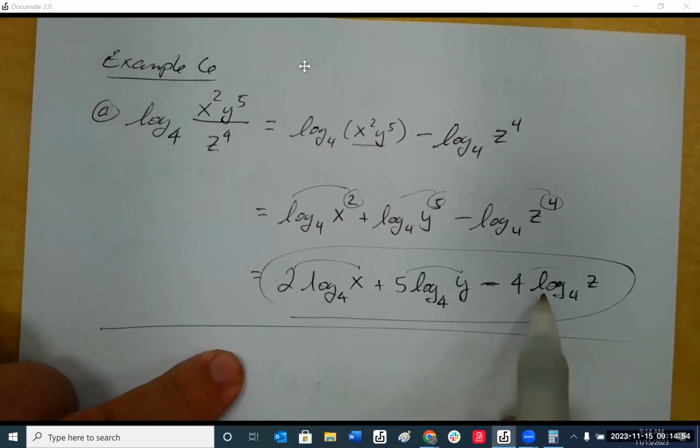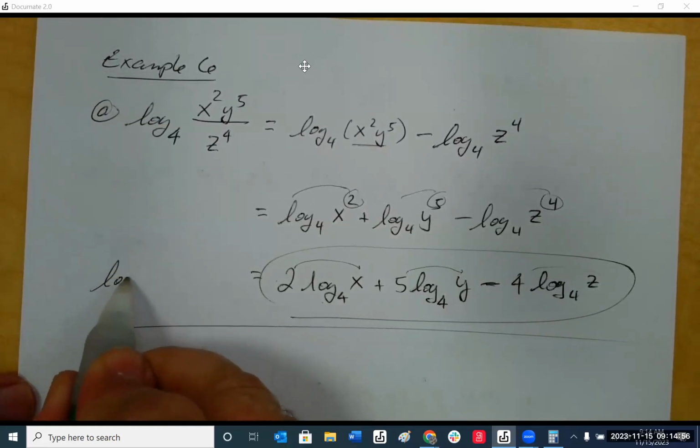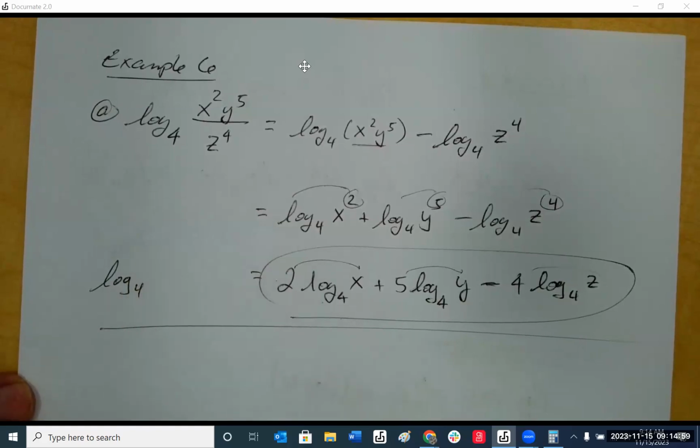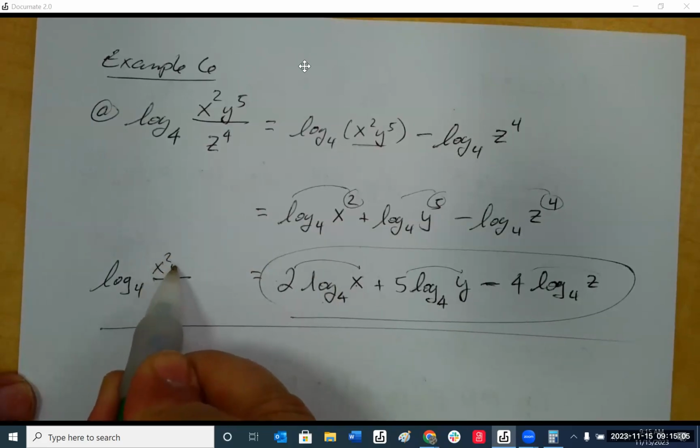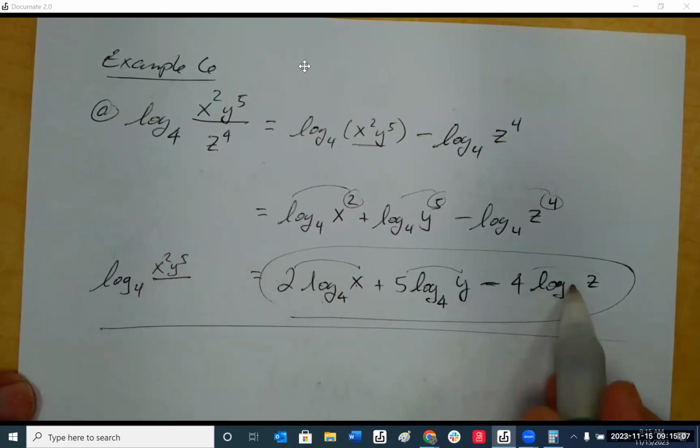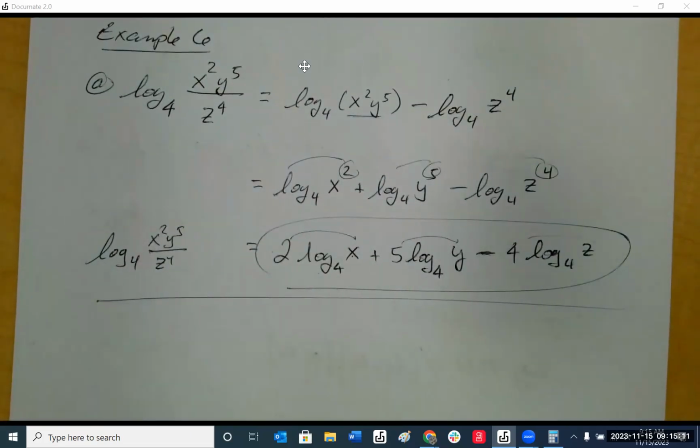And they're all log base 4s. This is x squared. That's y to the fifth. And they're added, so those go on top. This is a minus, so it's z to the fourth. We have to be able to go both ways.